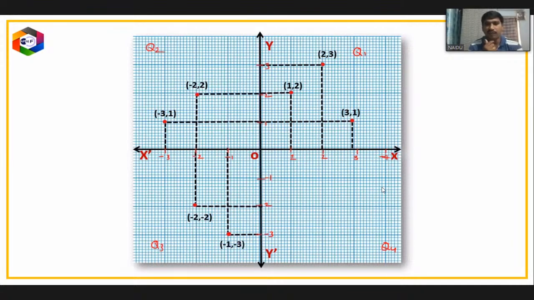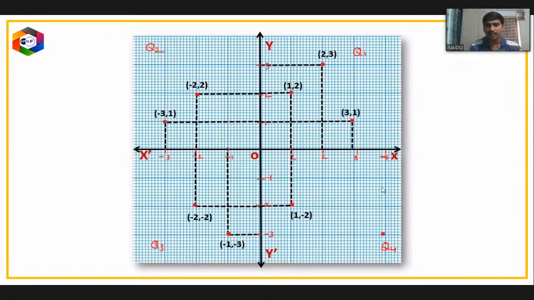Finally, in quadrant 4, I am going to plot a few points. Let us observe, this is the point which is 1 unit from the y-axis and negative 2 units from the x-axis, so this can be named as (1, -2). And finally, one more point I am going to take.